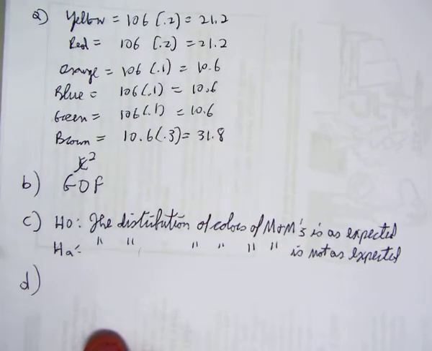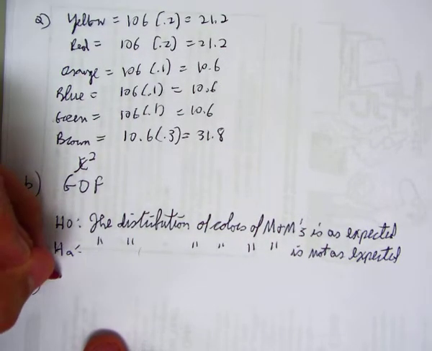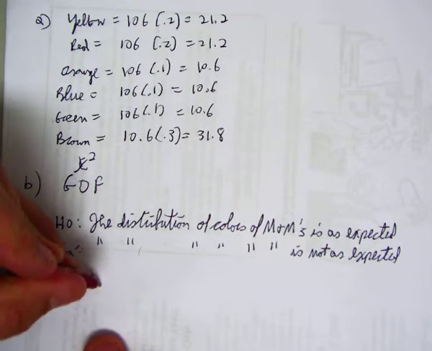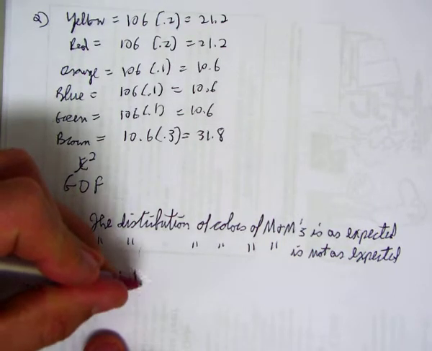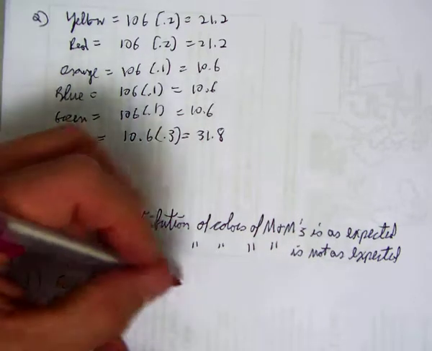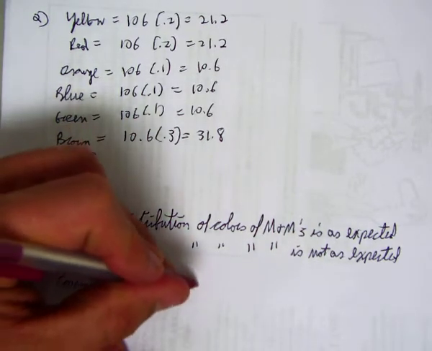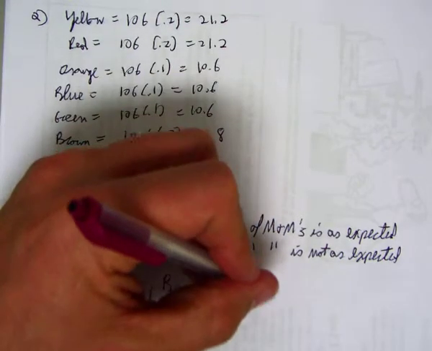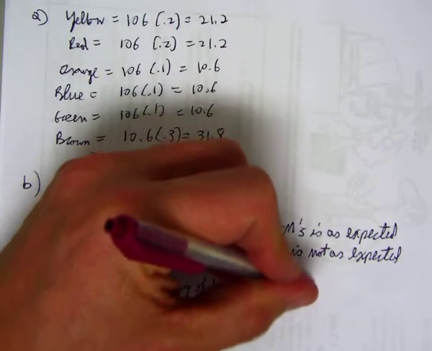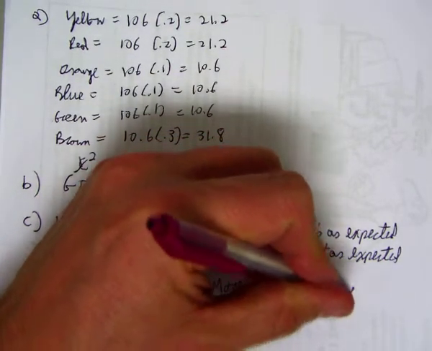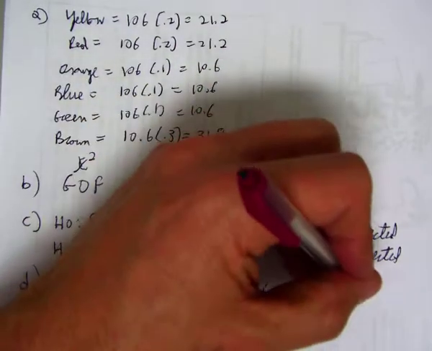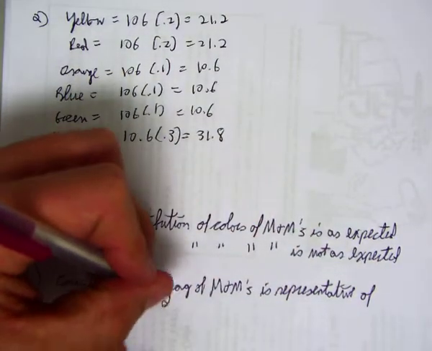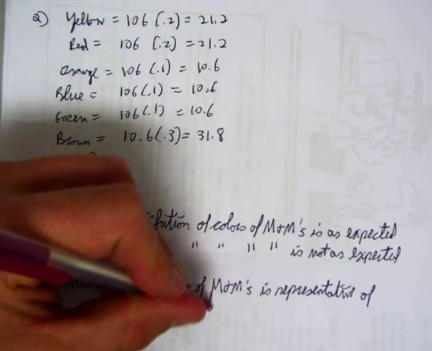D is, what are our conditions? Well, the data is counted data. The bag of M&Ms is representative of the distribution of the colors.